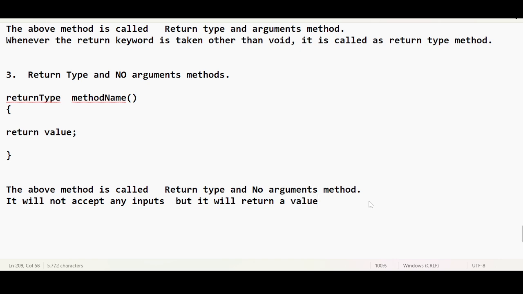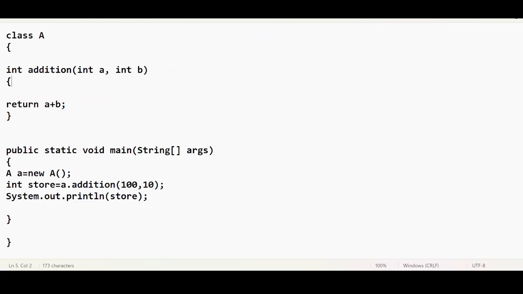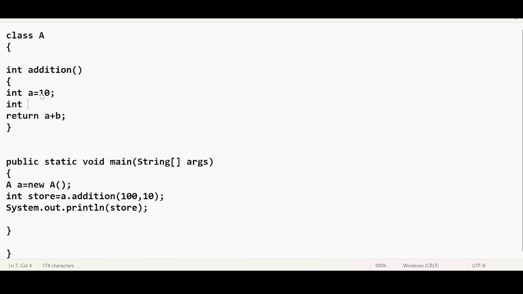To understand this, let me build another example. Let us go back to the same thing. If I remove this so it is not accepting any values, and instead hard code it, integer a equal to 10, integer b equal to 20, then looking at this method, we can say it is a method with a return type but no arguments.